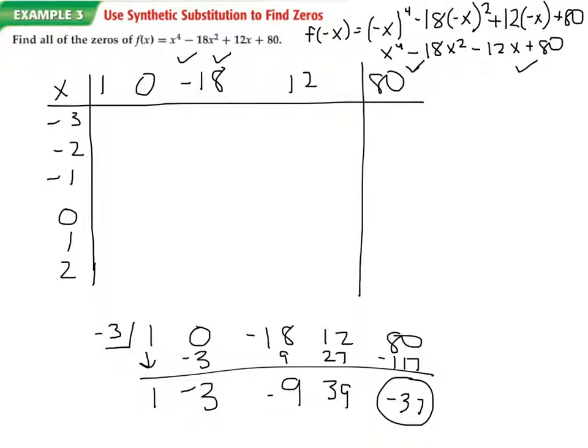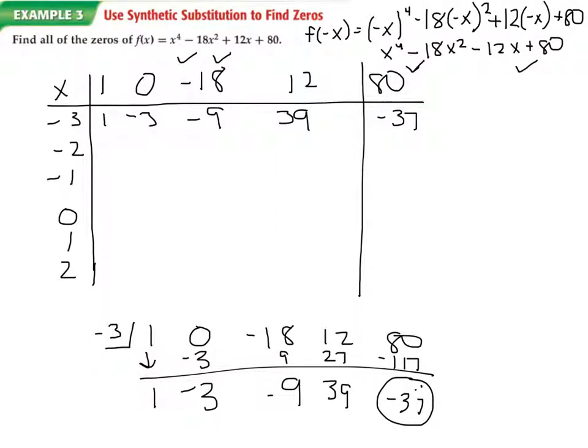That's not 0, so we know that that isn't going to be one of our real zeros. But that's what you're going to do for each of these. What goes in our table are these numbers down here, so if I write these out, I have 1, negative 3, negative 9, 39, and negative 37. I'm going to do that type of division for each of these to see where I get a 0 in this last column.